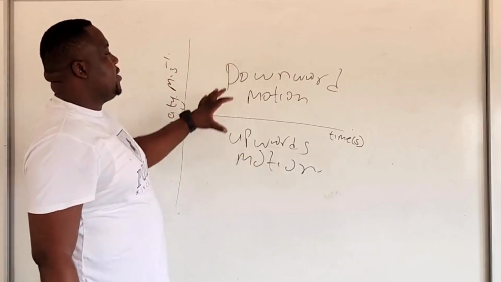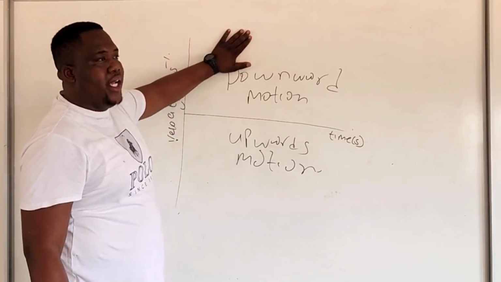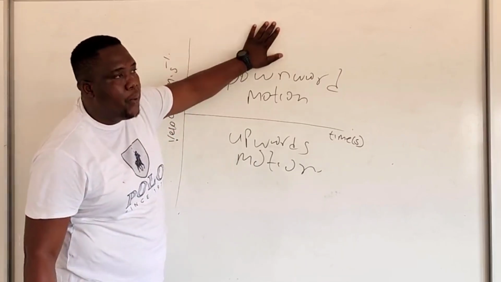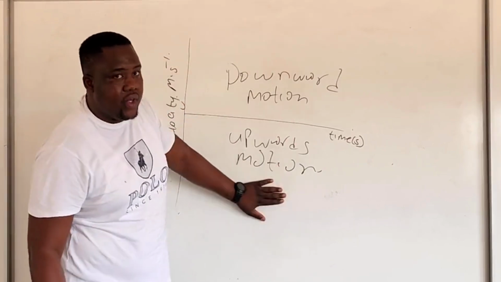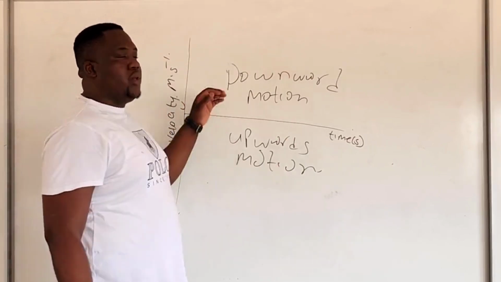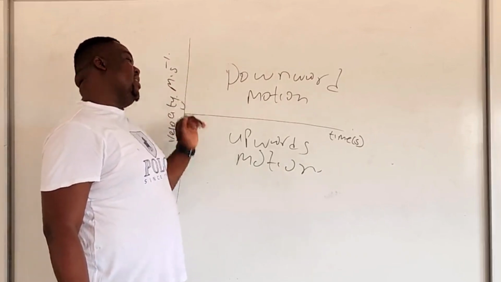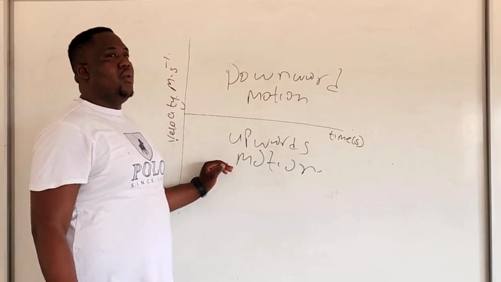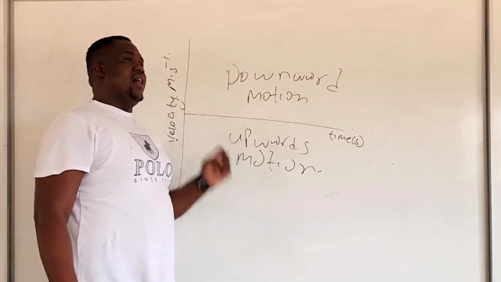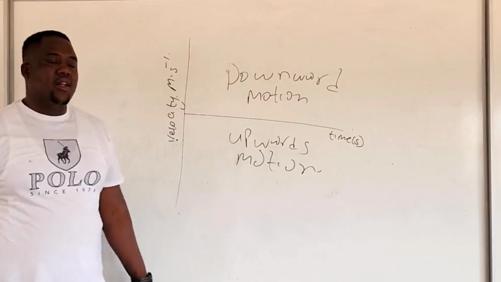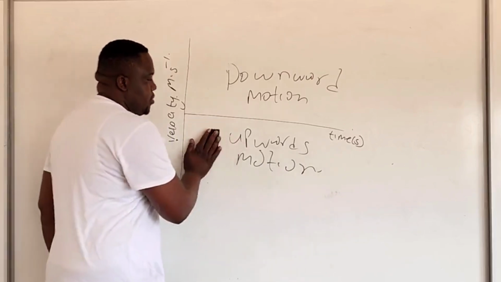Notice that these two parts, one part represents when an object is moving up, and if I take this one as up, this one will be down. So you need to take note that we have the positive y-axis and the negative y-axis, whereby one represents upward and the other represents downward motion. You need to take note of that.